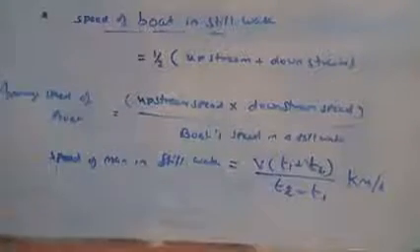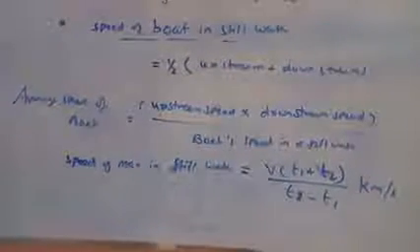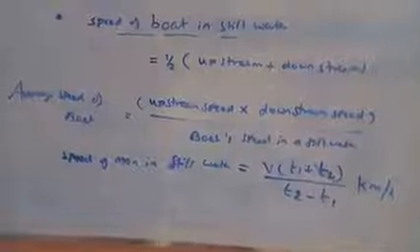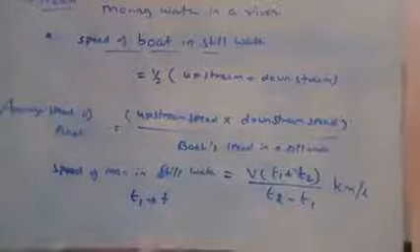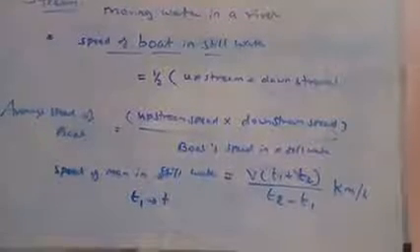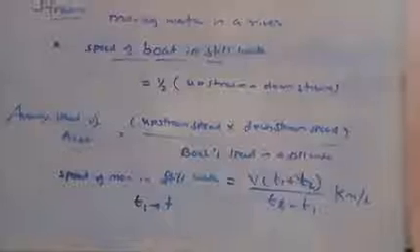Then one question will come. What is the meaning of V? What is the meaning of T1, T2? We must know these; if you know this, you are able to find it out. T1 is the time taken when the boat travels a distance downstream in T1 hours.